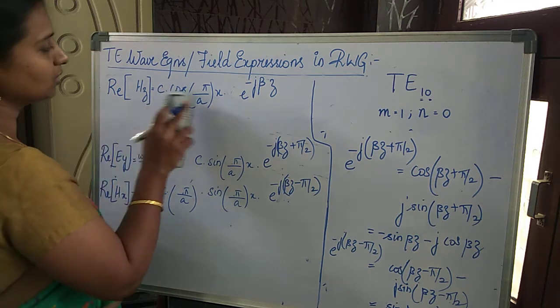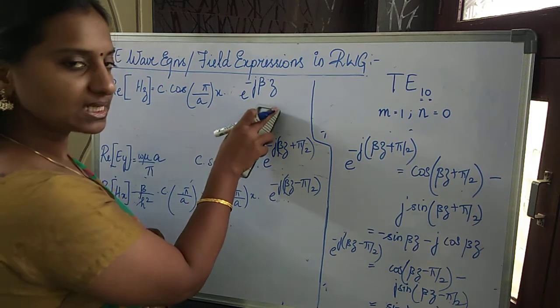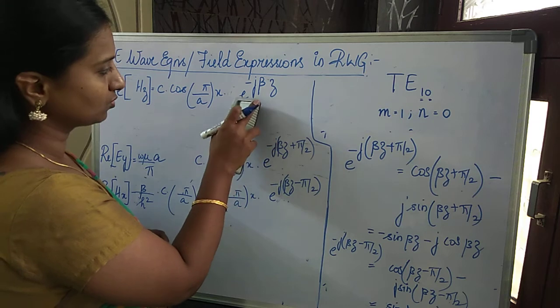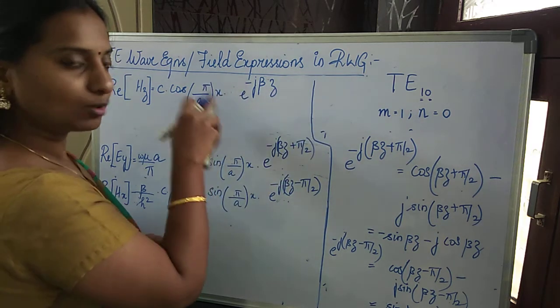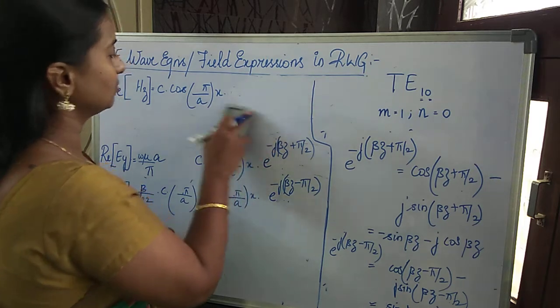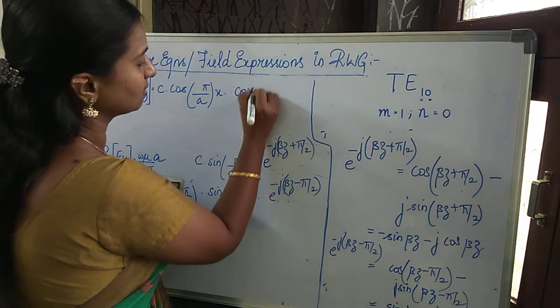And consider all the constants to be a single constant. So here the real term is going to be cos beta z, right? So the entire term is cos beta z plus j sine beta z. I am taking only the real term. So real term of Hz here will become cos beta z.